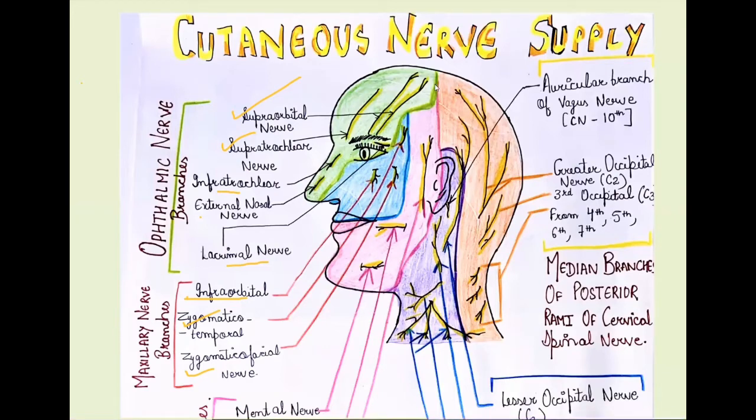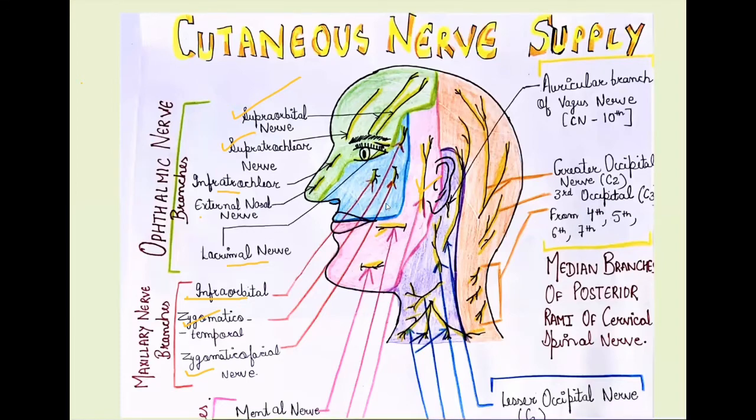Now talking about this region, this is supplied by the mandibular nerve, right? Here, this branch just in front of your ear, this one, is the auriculotemporal nerve, right? This supplies the area just in front of the auricle and the temporal region.